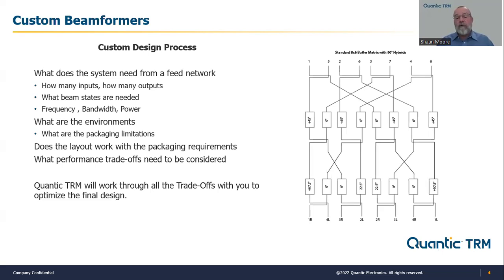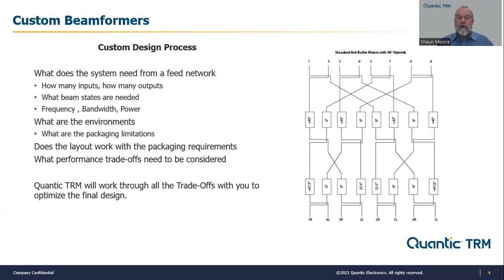So, for example, you have to look at how many antenna elements you're going to have, what size your array is going to be, what sort of beam widths you need, how many beam states you require to fulfill your final mission, and also how we are going to feed it? How many radios are involved? What sort of frequency and bandwidth are going to be required for all the different applications? These things all adjust the electrical circuits of what's going on inside the beamformer.